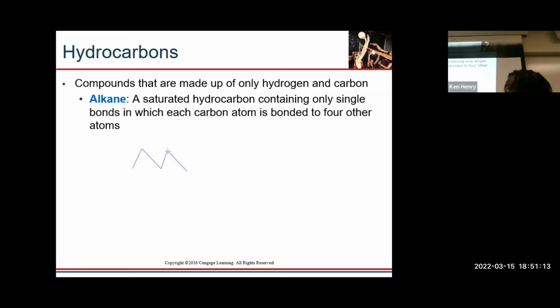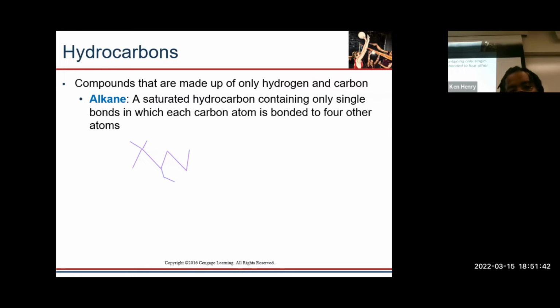You guys recall, we can also have side chains. So when we have side chains, what we need to do is find the longest chain first.